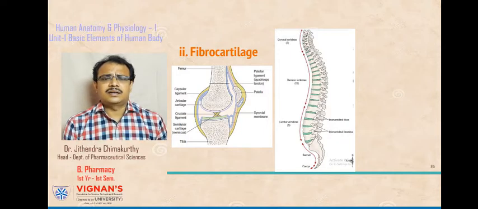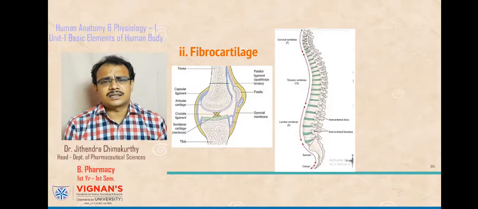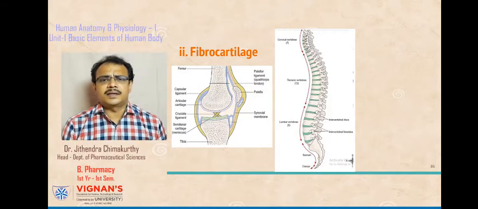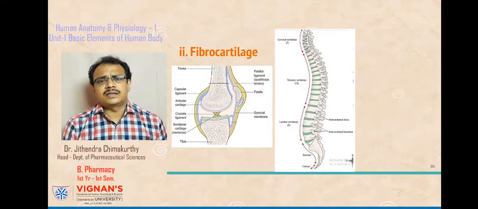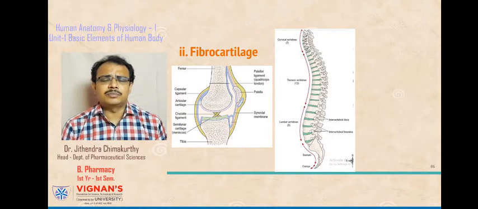In articulating surfaces such as the knee joint they form semilunar cartilages, and they also form the rims of bony sockets of shoulder and hip joints, which leads to deepening of the socket without restricting the movement of the joints.